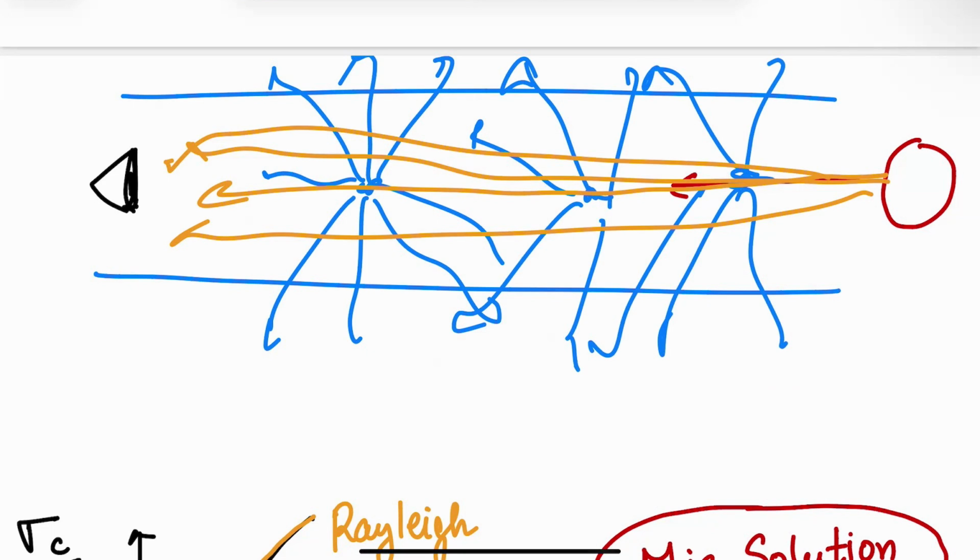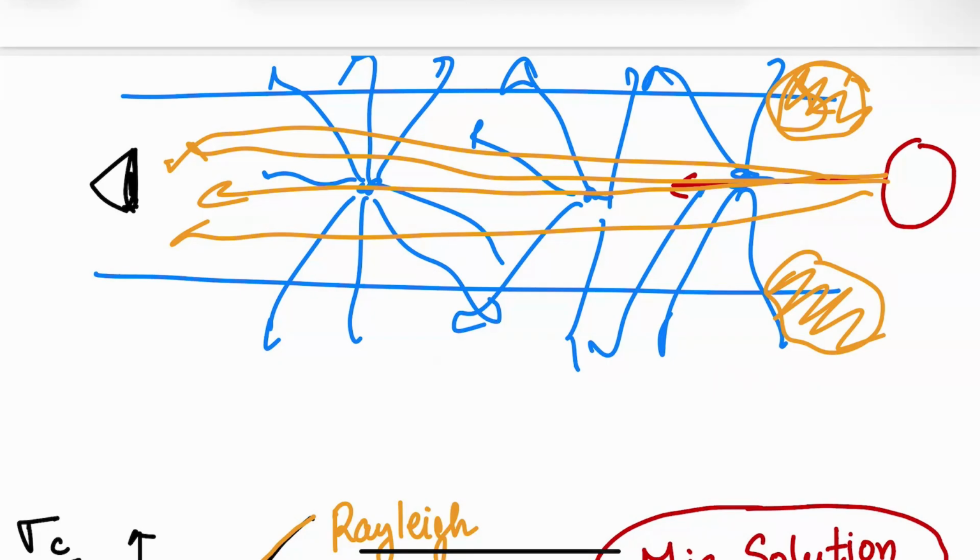Now, if you look around the sun, if I look at some point out here, that also looks red. Right? This also looks red. The reason behind that is that since the atmosphere is so thick, the probability of scattering for blue is very high, as we saw from the Rayleigh limit. So blue gets scattered many, many times, not just once, right?